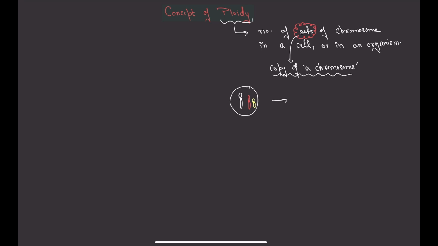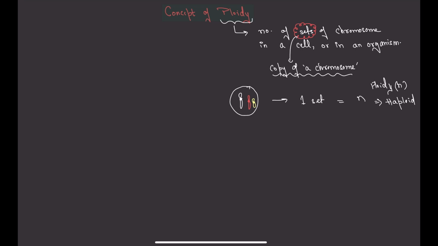Since only one copy of each chromosome is present, that is why we have just one set present, and that is why the ploidy becomes n. How do we represent this ploidy? Ploidy is represented by n. So this condition is known as haploid condition.